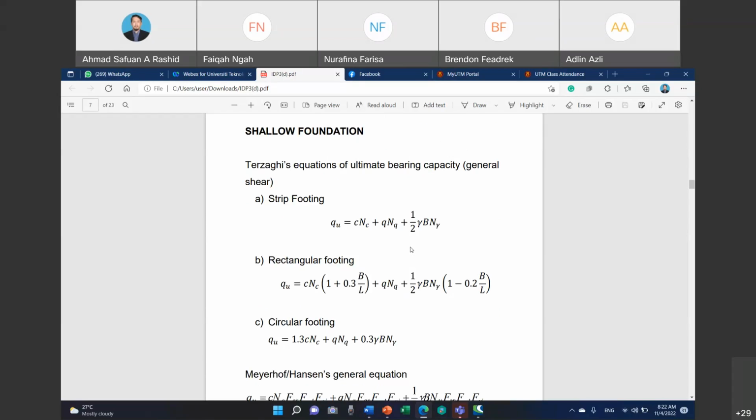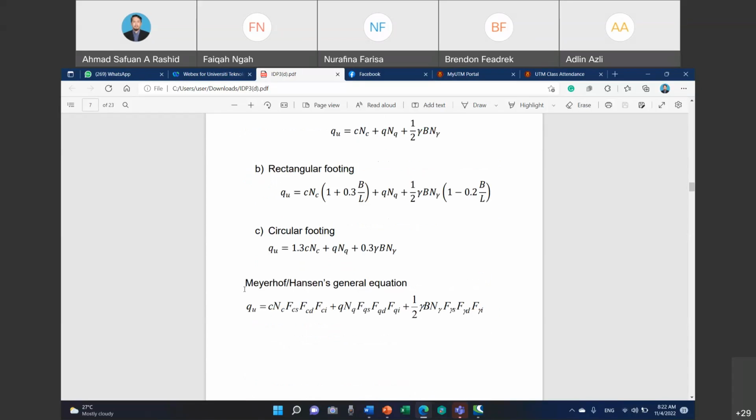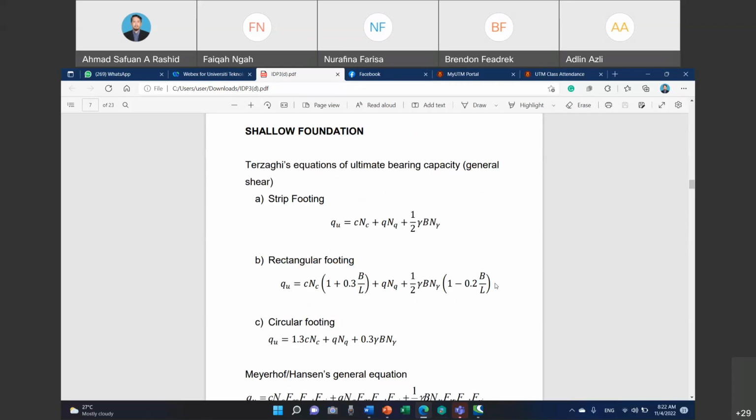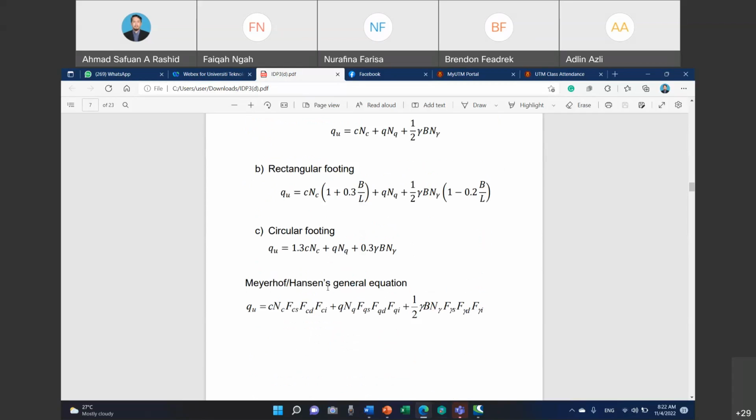So saya rasa awak masih ingat lagi, the part of the bearing capacity equations. So this is based on Terzaghi, and then we have another one based on Meyerhof. Awak nak guna mana-mana salah satu, mana-mana pun boleh.